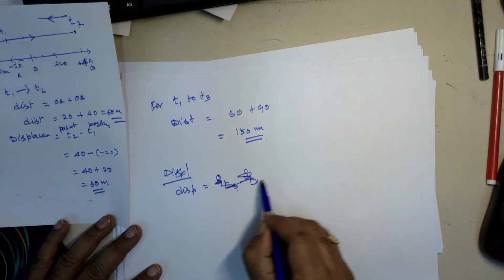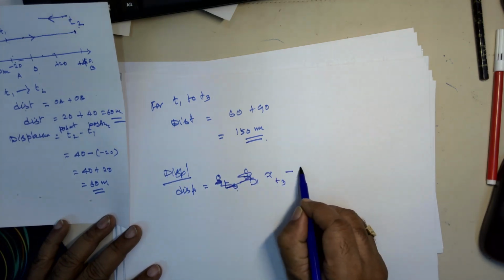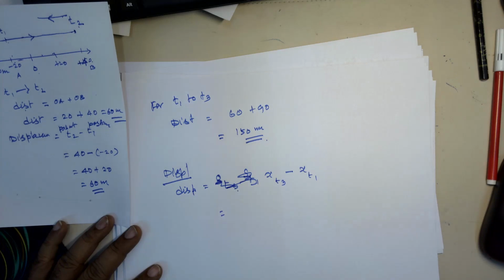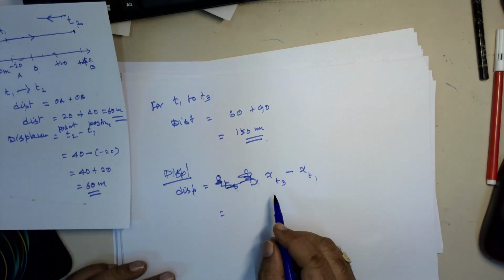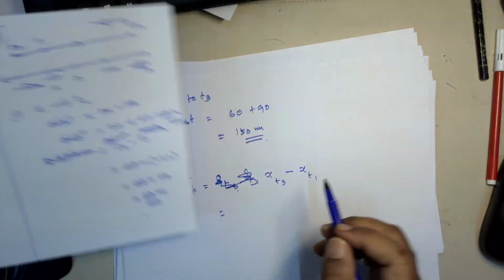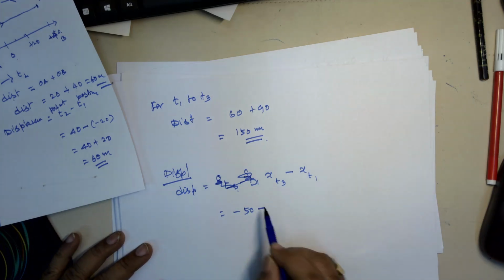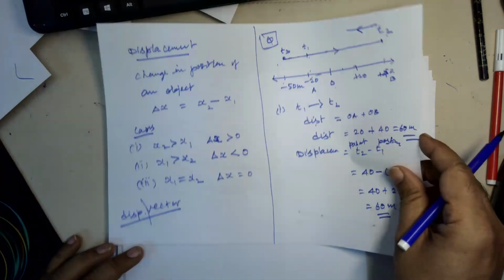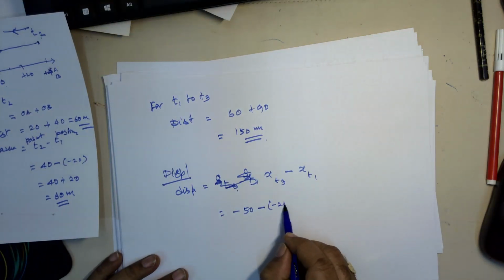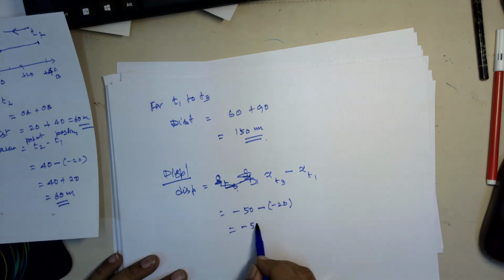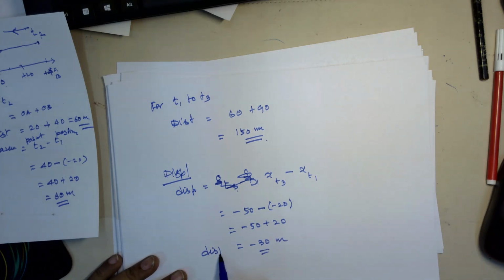Or you can put x also: x at T3 minus x at T1. So what is the position at T3? Tell me. Here, minus 50. So you have to consider this minus 50. Minus. And what is the position at T1? Minus 20. So minus 50 minus minus 20, therefore you must say 30 meter displacement.